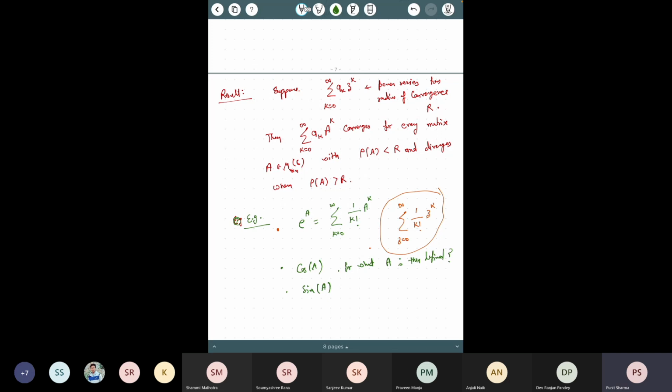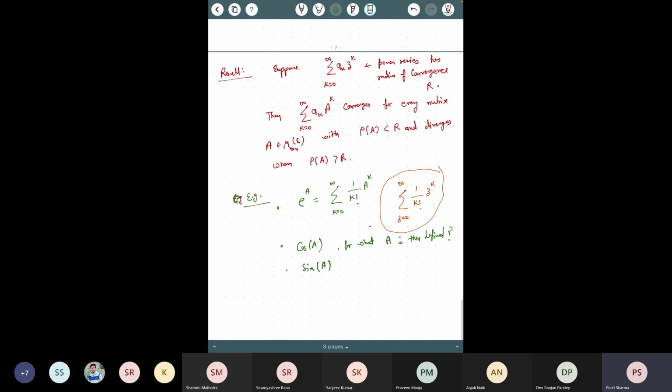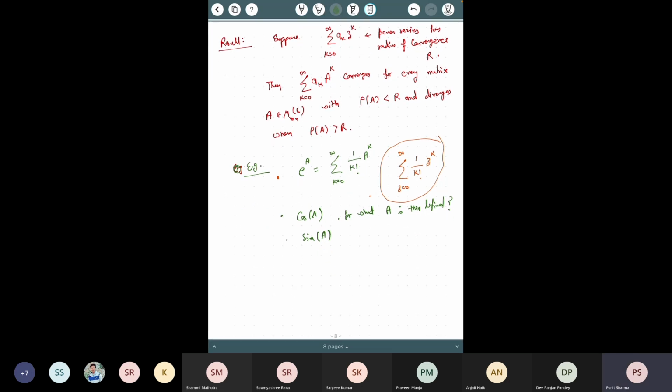In fact, you can say that for all A you can define cos A and sine A. What would be the series of cos X? You can use this series, find out its radius of convergence, and correspondingly define cos of A. Similarly, you can use the power series of sine X and define sine of A. So now you can see that whatever questions we had imposed, this kind of thing makes sense provided we know the radius of convergence R here.